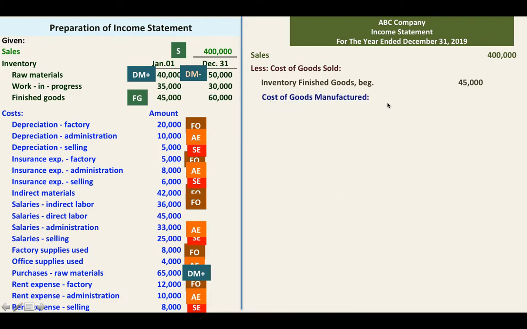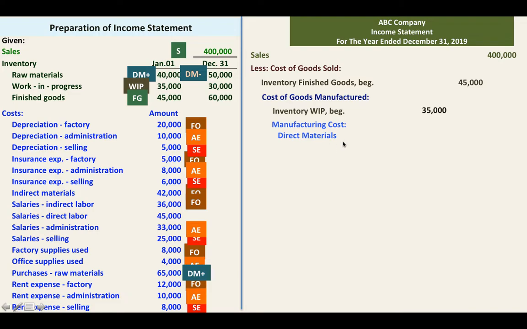So in cost of goods manufactured, we have to determine that by adding inventory work in process beginning. Here, your work in process beginning is 35,000. And you have to add your manufacturing cost. Now we have to list down all the manufacturing costs, which are the direct materials.